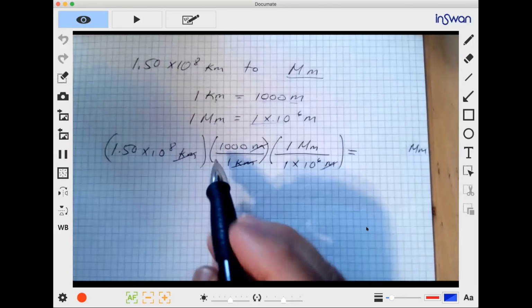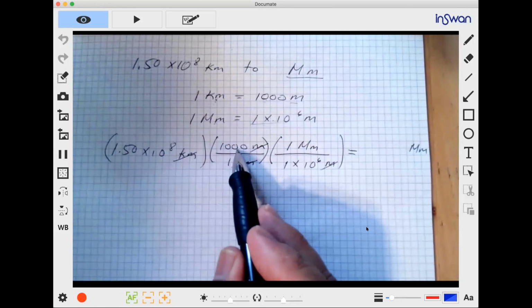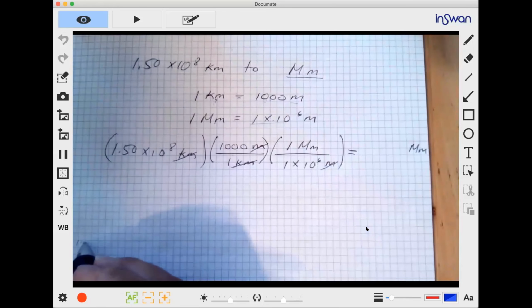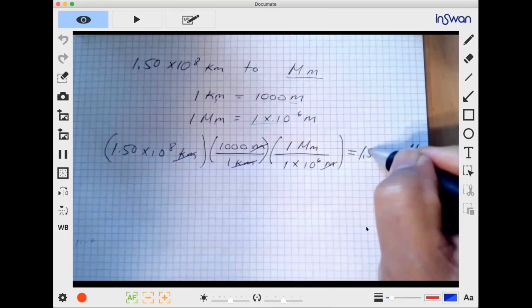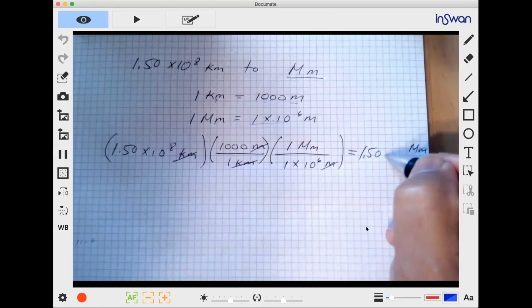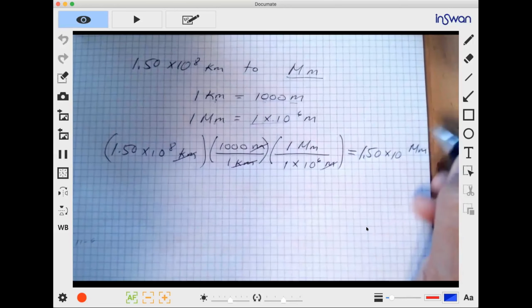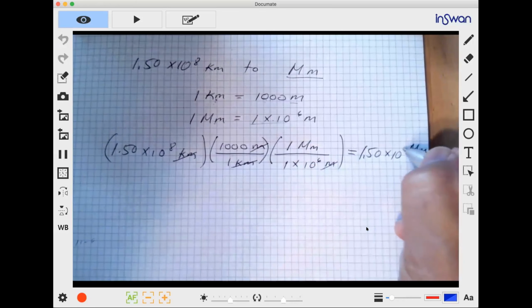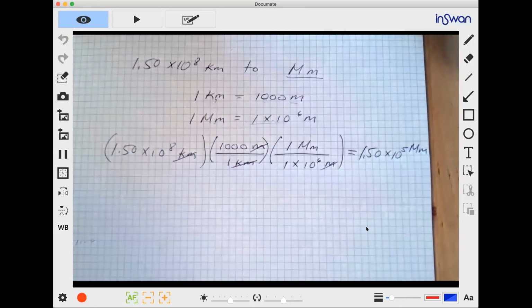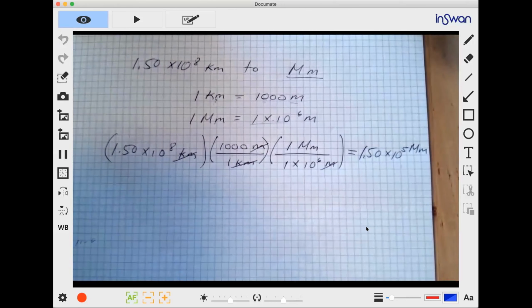And let's see, I think it's gonna be 1.50 times 10 to the 5th, but I'm not sure. I am trying to do it in my head. I'll show you what I did in just a second, but I want confirmation from someone.